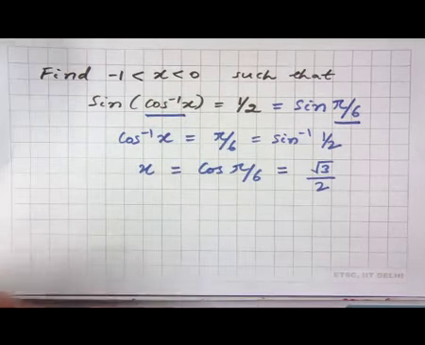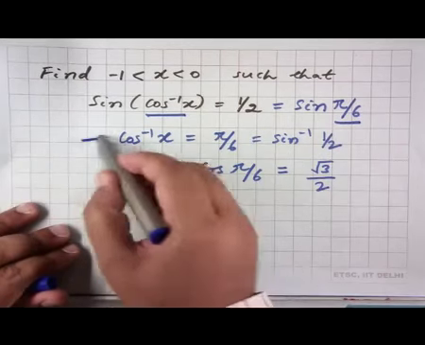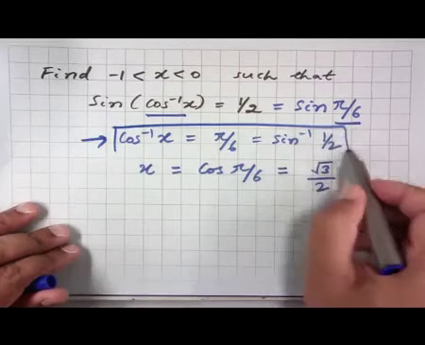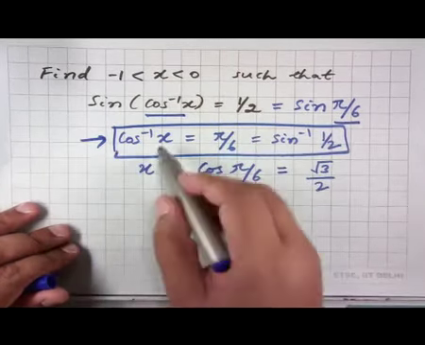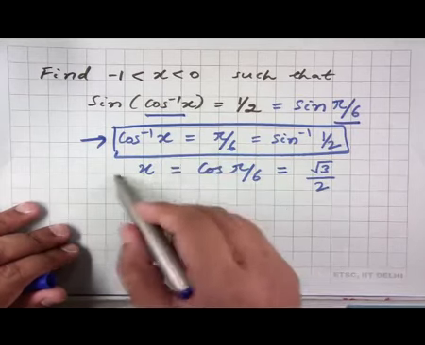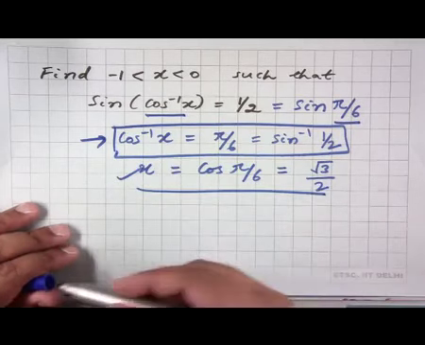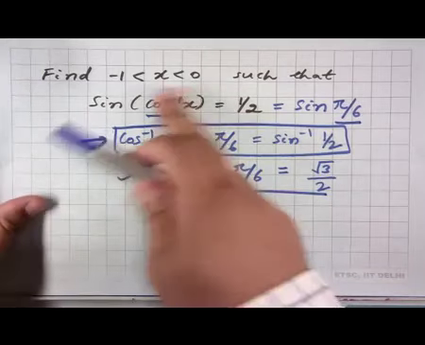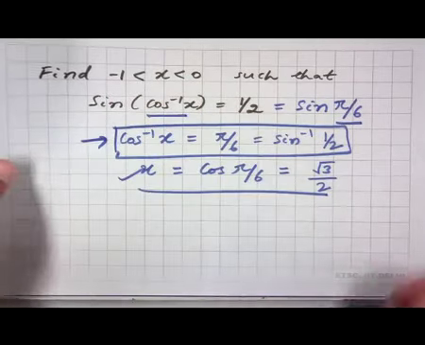So essentially if we equate it like this, then for sure the value of x that you get here is not going to lie in the interval minus 1 to 0.